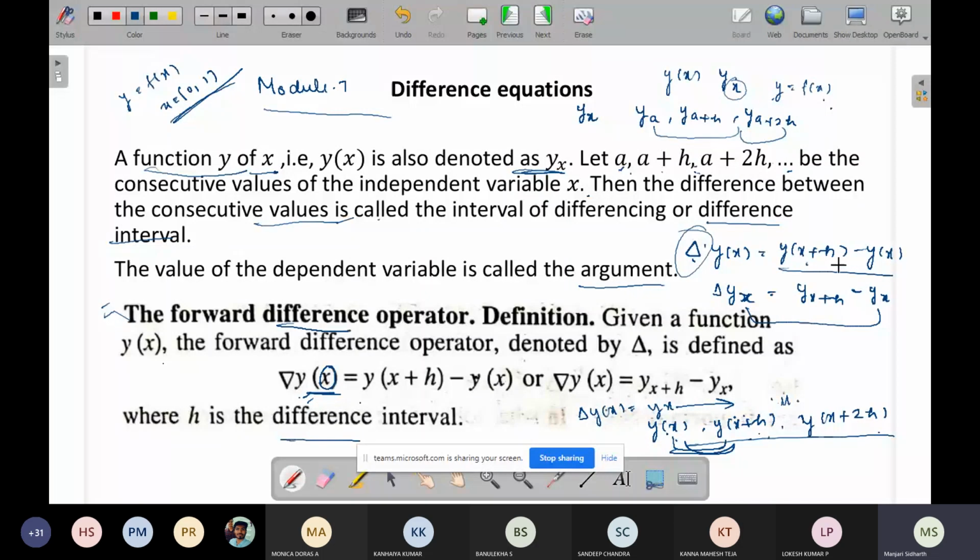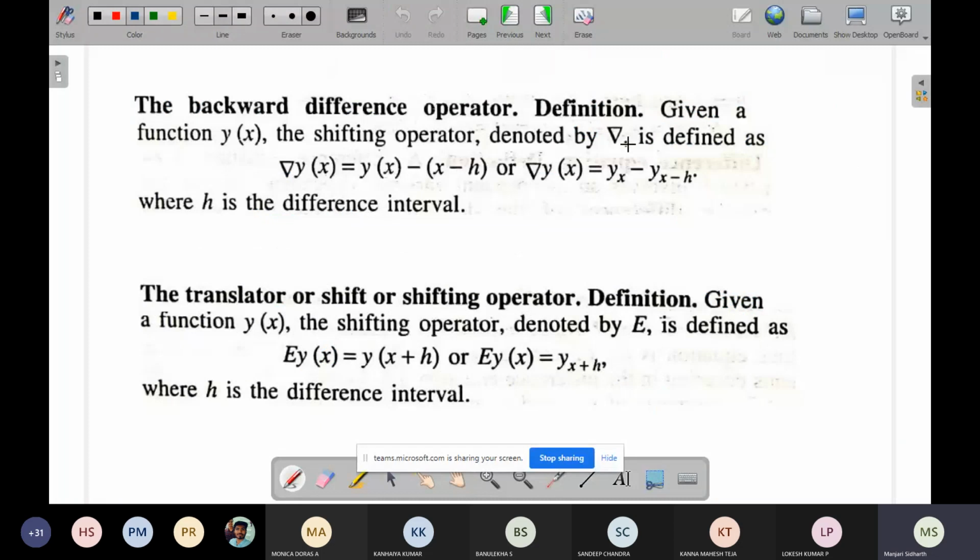Similarly, we can define the backward difference operator. Now the backward difference operator, given a function yx, is denoted by this and defined as this. For similarity, we'll find the backward operator for yx only.